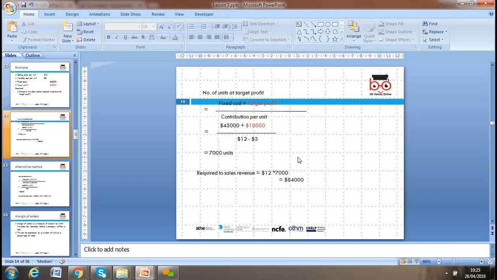If we want to find the revenue at that point, 7,000 times 12 gives us 84,000 worth of revenue. If we generate 84,000 worth of revenue, we can earn the target profit of 18,000.